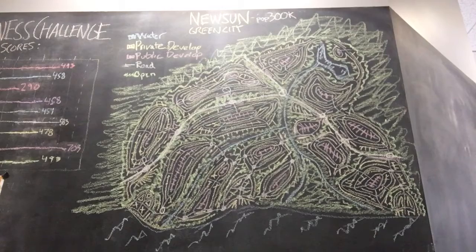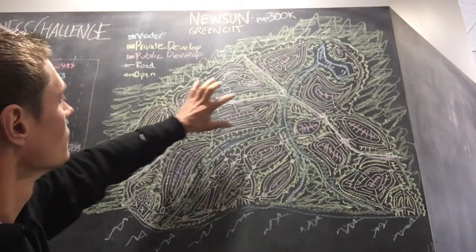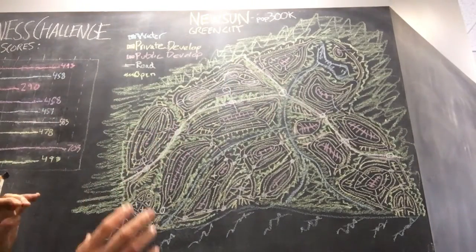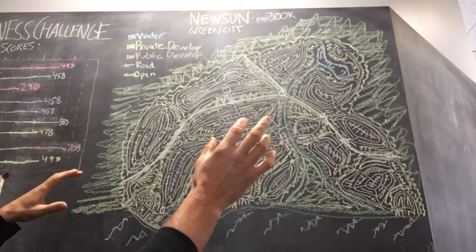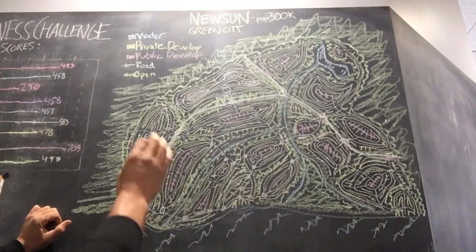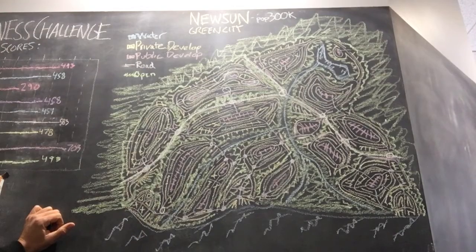A couple things to notice about this roadway. I have 1, 2, 3, 4, 5, 6, 7... oh, there's 8 actually. 8 different points that you can enter the city, or off-ramps into the city.